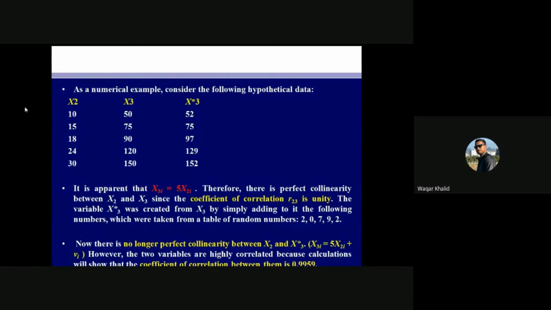Now, when you design your model, you will write y is equal to beta 1 plus beta 2 x2 plus beta 3 x3 plus ui. So your beta 2 will represent the slope coefficient of your income, and beta 3 will represent the slope coefficient of your wealth. How will we interpret beta 2?